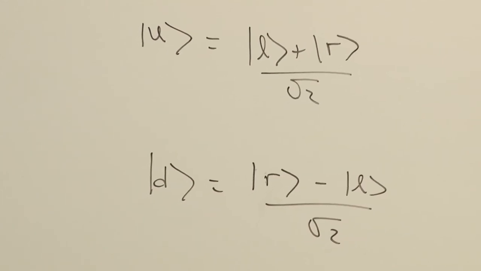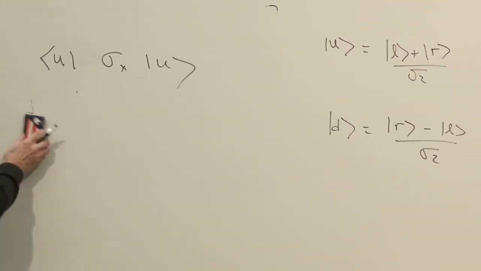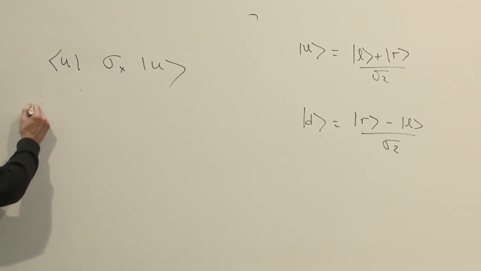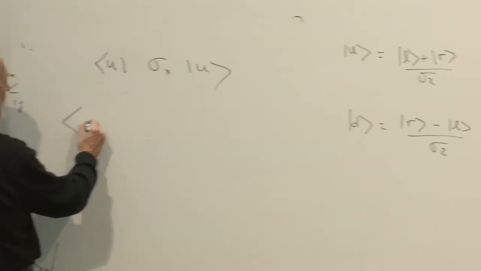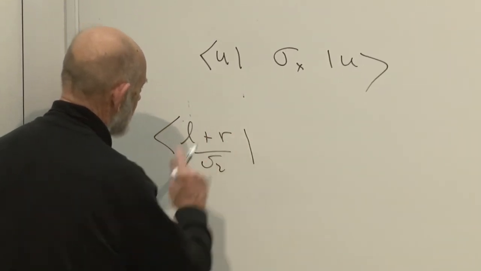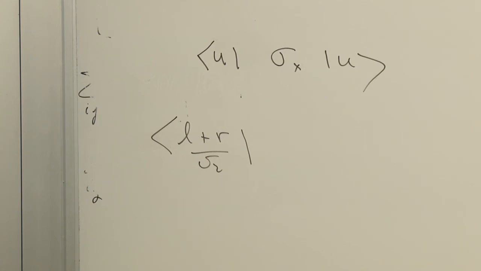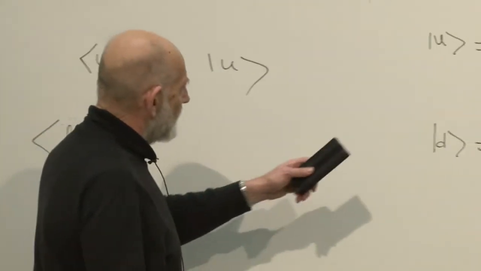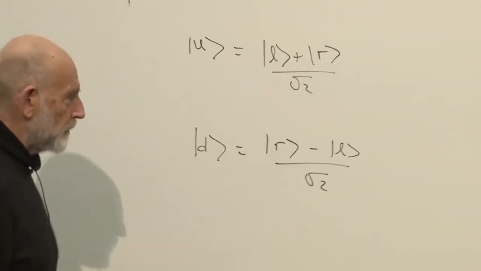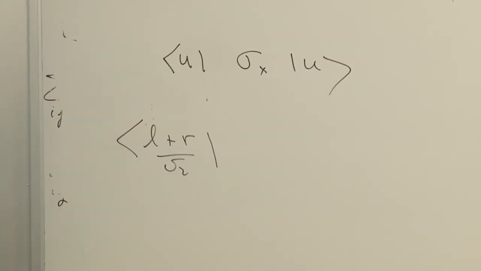On the left here, we have the bra up. I'm going to abuse notation and just write this as left plus right over square root of 2. This is a meaningless symbol, but I think you know what I mean. I mean the bra vector left plus the bra vector right over the square root of 2, but too many vertical strokes and I get confused.